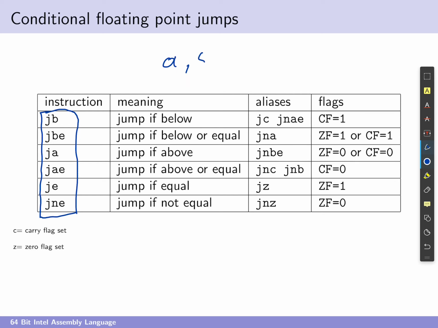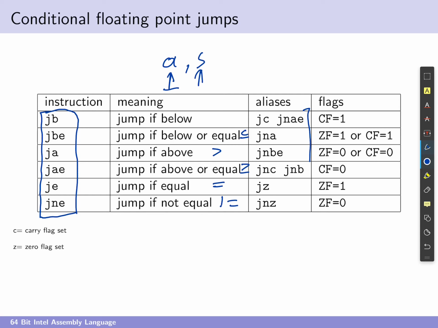So let's just say A and B. It will jump if the left-hand side is below the right-hand side. So basically if A is less than B. We then have JBE. So we're going to jump if A is below or equal to B. So in essence, it's less or equal to. We then have JA for jump above if it's greater than. JAE for greater than or equal. Then we have JE for jump if they are equal. And then lastly, we have JNE of jump if they're not equal.